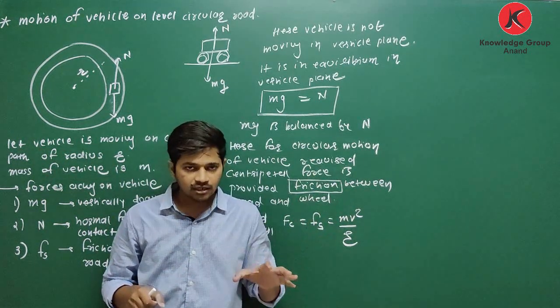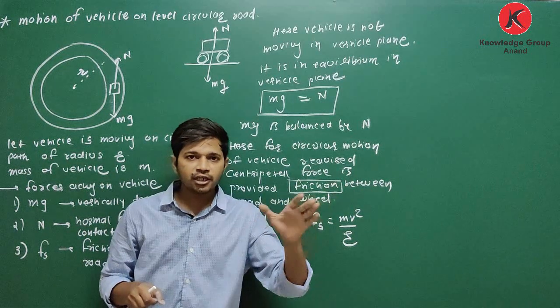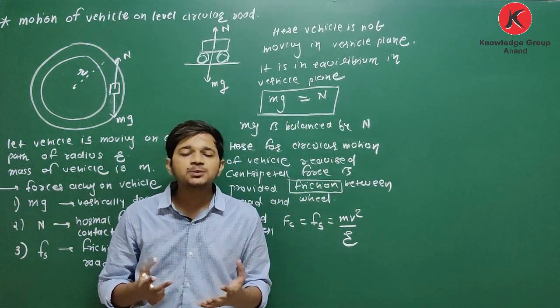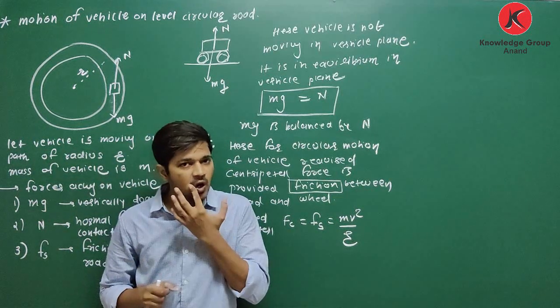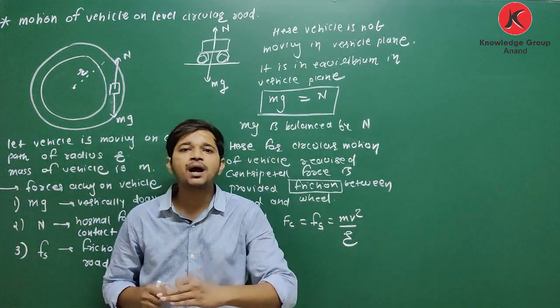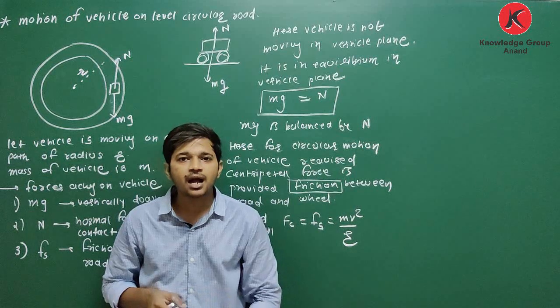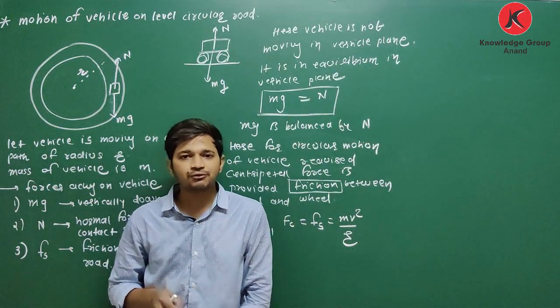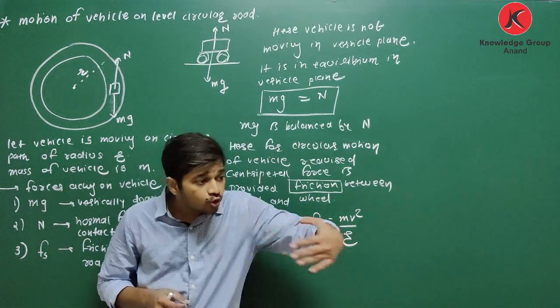For heavy vehicles, speed limit is 40 km per hour. Then why is that speed limit given? Because on such a circular path, if your speed is more than some specific value, you will be thrown away.